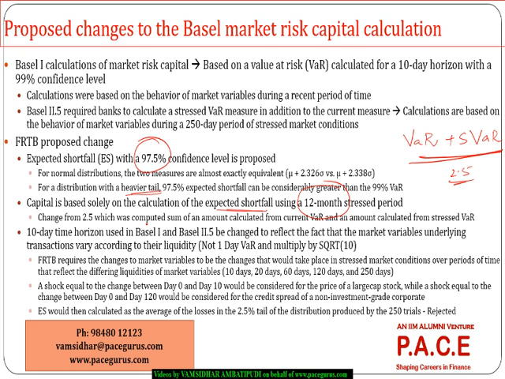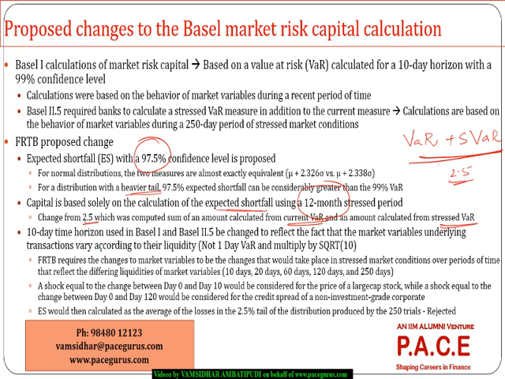But now the capital calculation is purely based on the expected shortfall and the 12 month stressed period. So there is an alteration they are proposing from the 2.5 itself, where I would compute the total charge as the current VAR plus the stressed VAR. So that's one more change that they have proposed.